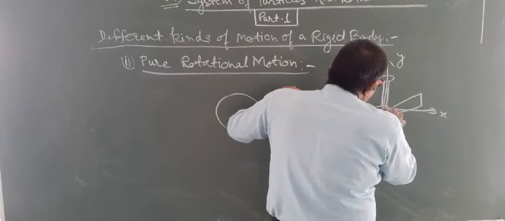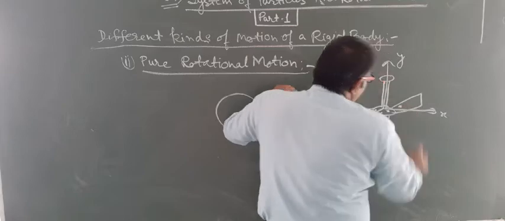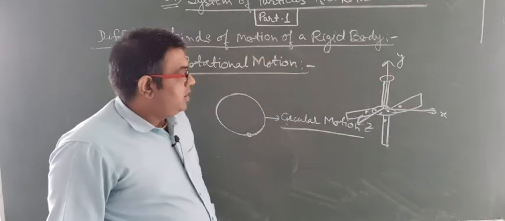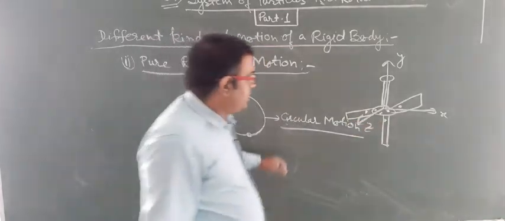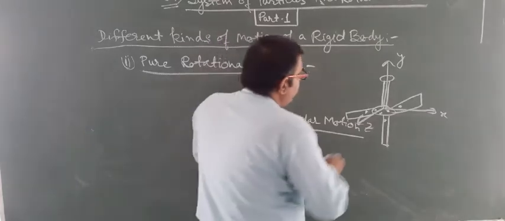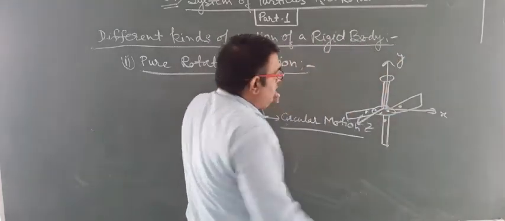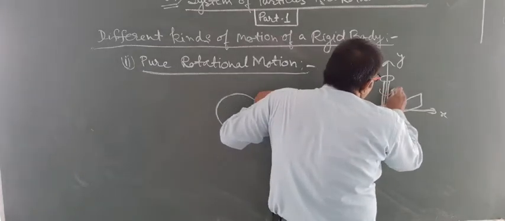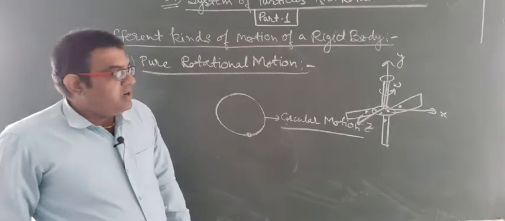These are the different constituent particles of the rigid body. As we switch on the fan, about this axis, the axis of the rod, the fan starts moving.